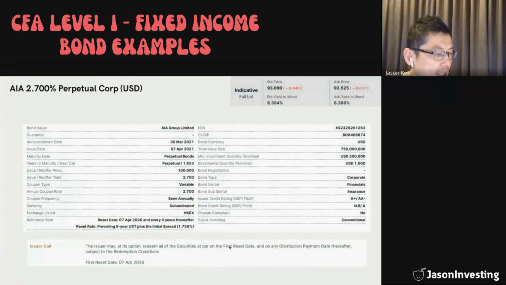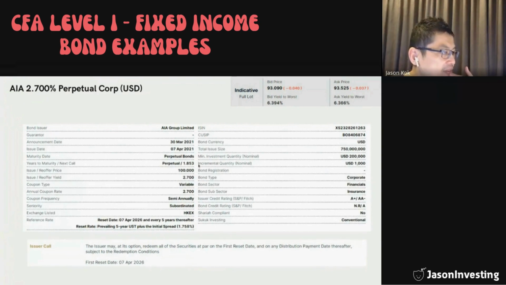Par means 100, on the first reset date. Oh, wait, this is not actually a fixed coupon, because there's a reset date. So there's a reference rate. Oh, see, this is a floating rate.